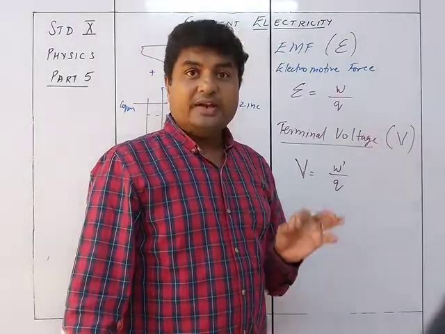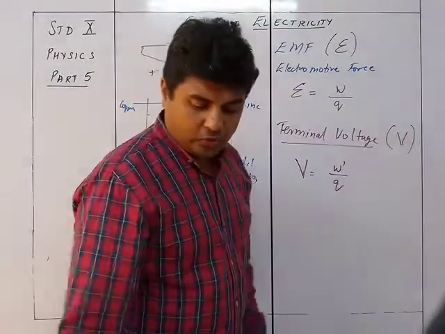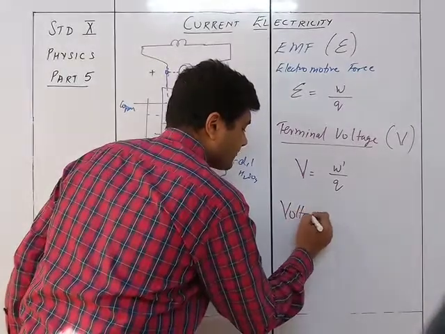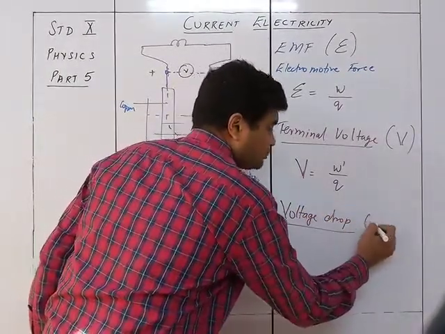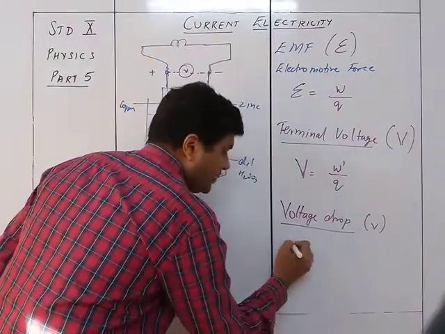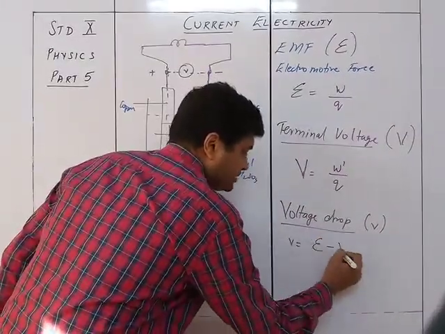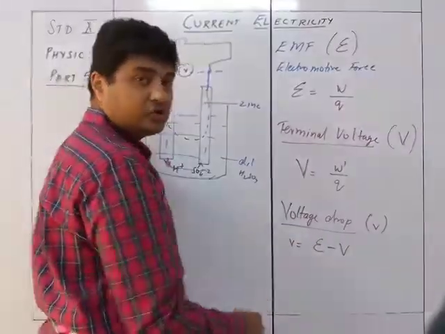Okay, so the difference between the EMF and the terminal voltage gives you a new thing, and that is the voltage drop, which is denoted by small v, and hence small v will be equal to epsilon minus capital V. This minus this is voltage drop.